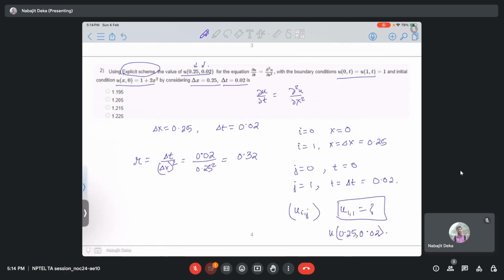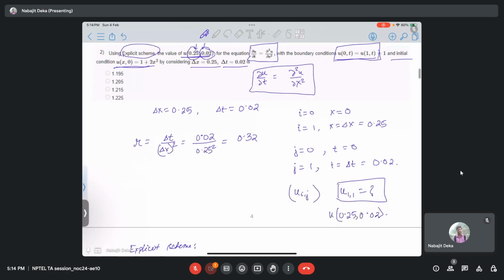So this is the question. We need to find the value of u, which is given by this partial differential equation, dependent on the first derivative of time and the second derivative of space. The boundary conditions are given, and since we have time, we need an initial condition, which is also given, and we need to find it at x equal to 0.25 and time 0.02.